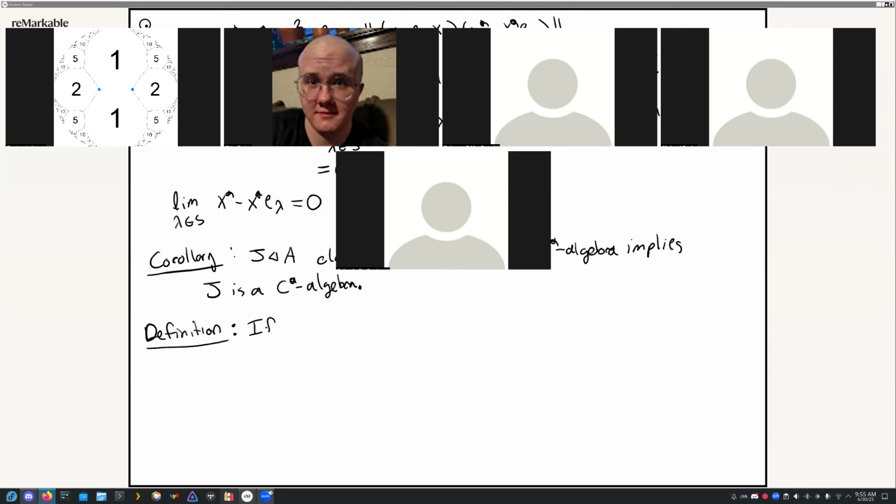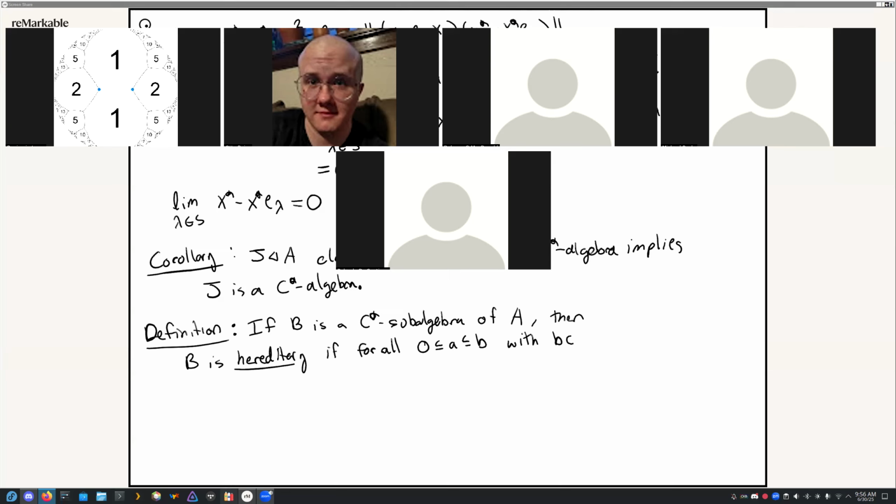If you have a C-star subalgebra B of say A, then we call B hereditary if for all positive elements A and B such that A is less than B, and this element B belongs to the C-star subalgebra, we in fact have that A belongs also to the C-star subalgebra.